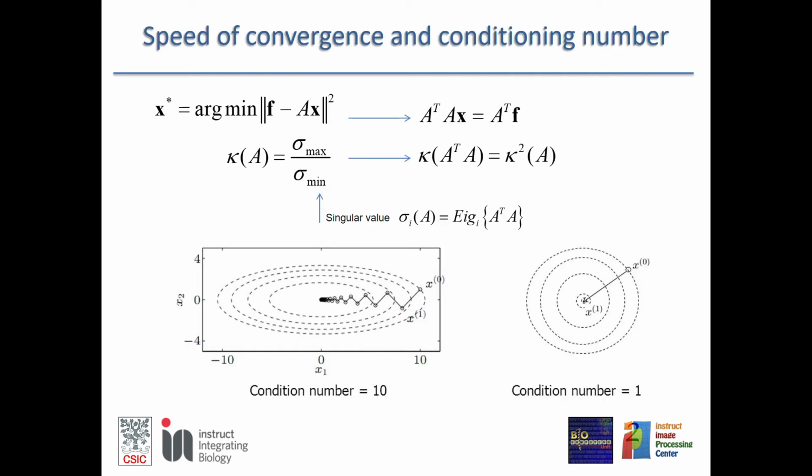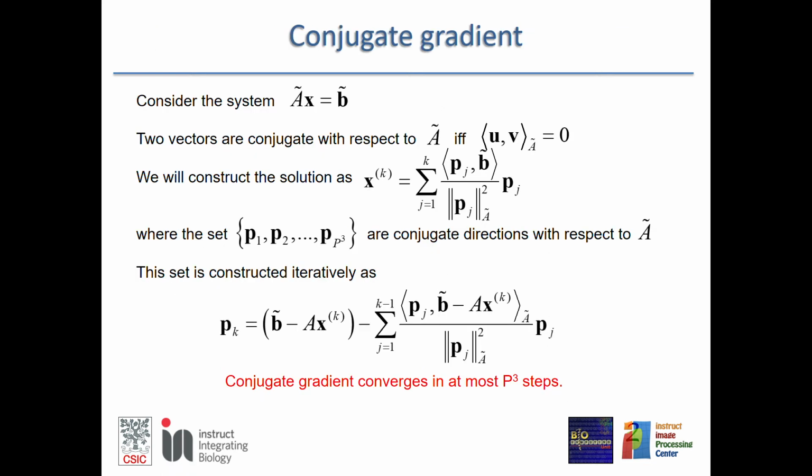And there are also many considerations about the speed of convergence. You might have convergence theorems, but they may be very slow to converge, and the speed of convergence is related to the condition number of the A transpose A matrix, and many very interesting things.